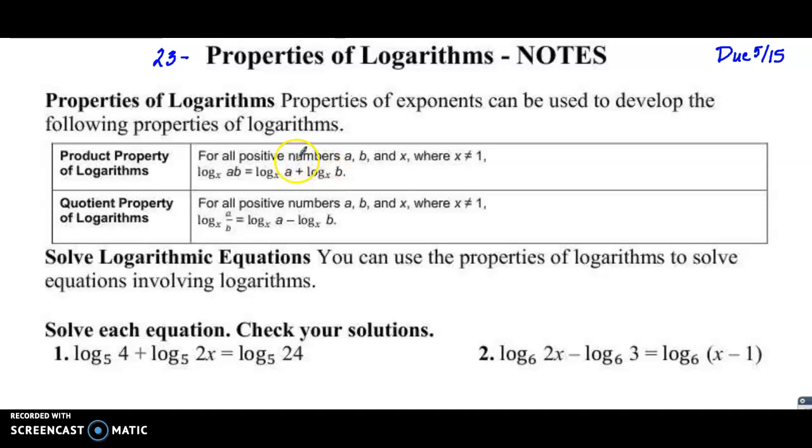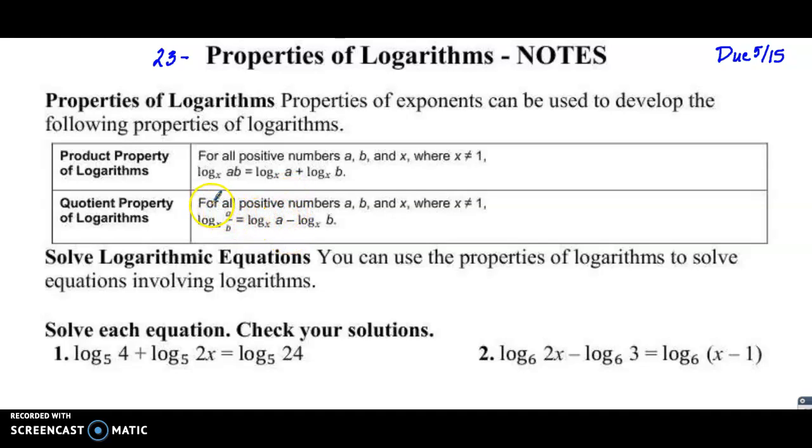It still goes back the same direction: if you have them separate, you could put them together as multiplication, because we know that multiplying with exponents is the same as adding the exponents if your bases are the same. As well as the quotient: notice the difference. When you're dividing with exponents, you subtract the exponents. So notice how that works for our logs as well. When you have division, it becomes minus.